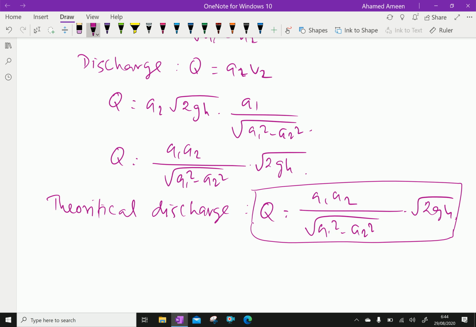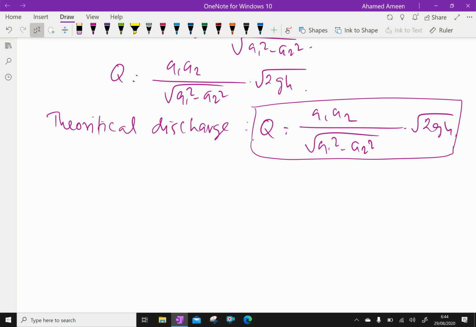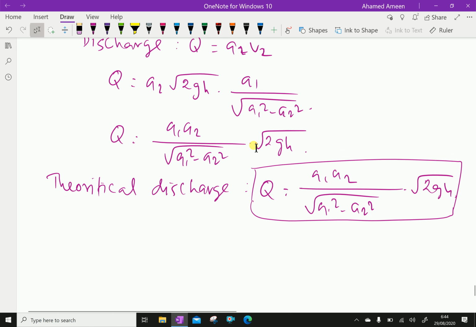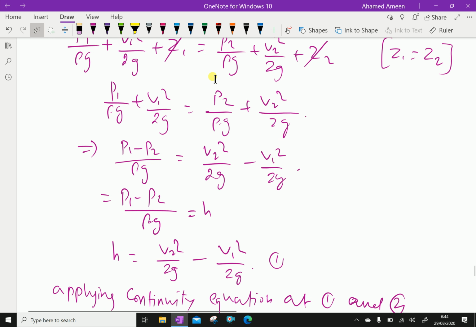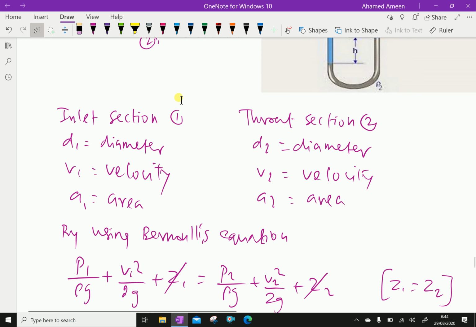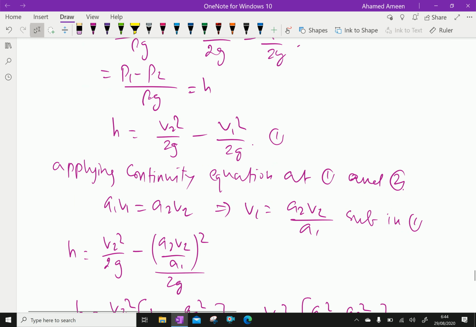But the actual discharge will be less than the theoretical discharge because of the friction between the fluid and the tube material of the Venturimeter, which will affect the flow condition.